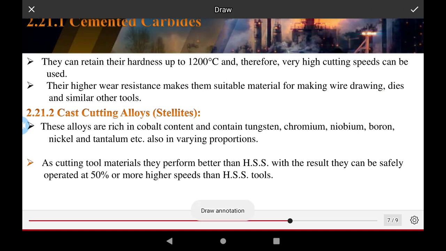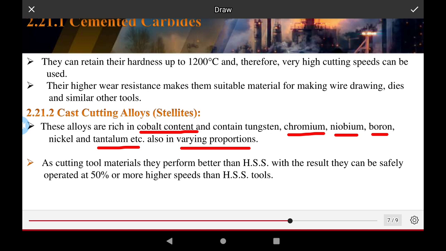Cast cutting alloys. These alloys are rich in cobalt content and contain tungsten, chromium, niobium, boron, nickel, and titanium, varying the properties of this cast cutting alloy.